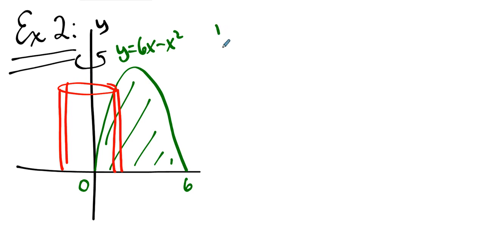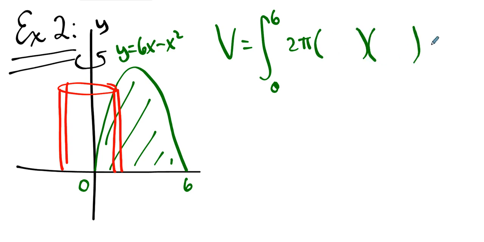So what is the volume? The volume is the integral from 0 to 6 of 2 pi times the radius times the height times the thickness. The radius of the paper towel roll goes from 0 to whatever this x value is.